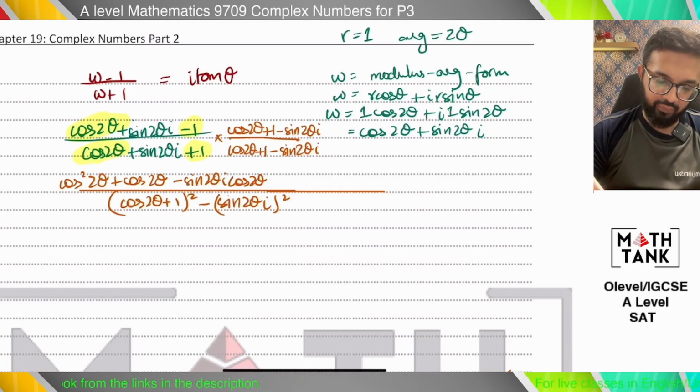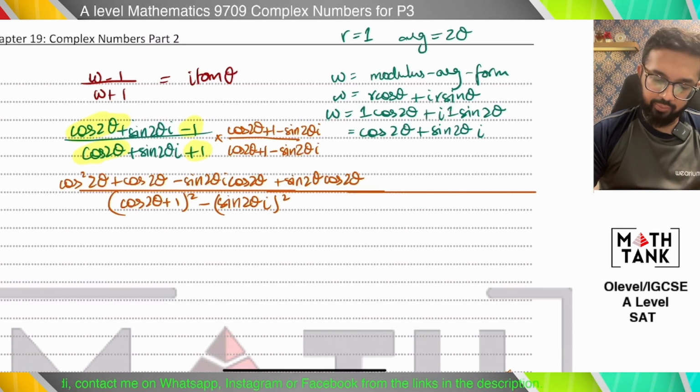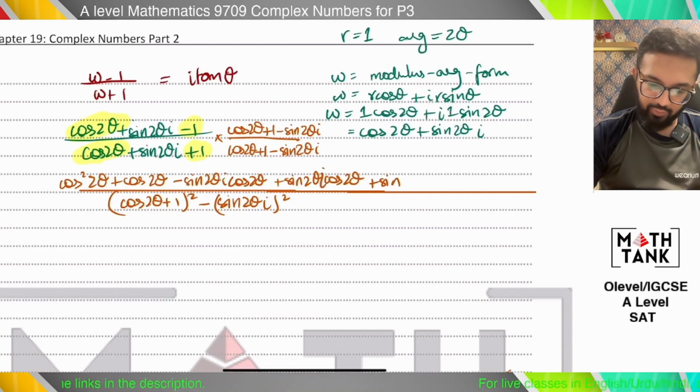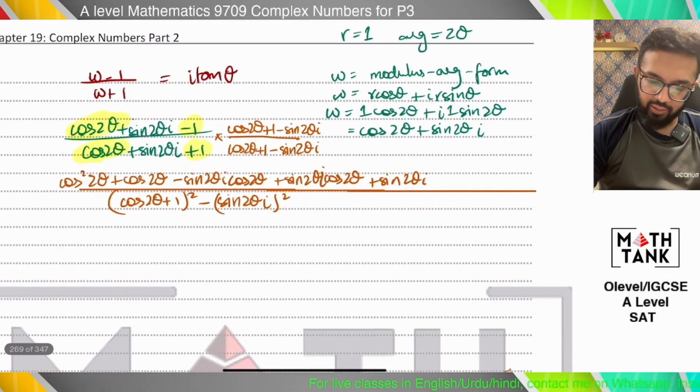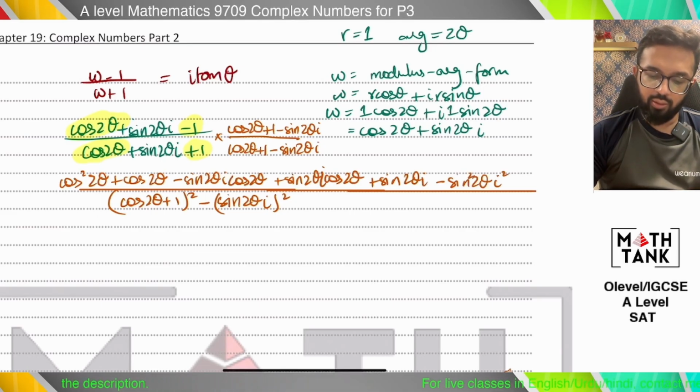Okay, then I have plus sine 2 theta cos 2 theta plus sine 2 theta i, and that is sine 2 theta i cos 2 theta i, sine 2 theta i, and plus into plus 1, and then minus sine 2 theta i, sine square 2 theta i square, and then minus cos 2 theta minus 1 plus sine 2 theta i.